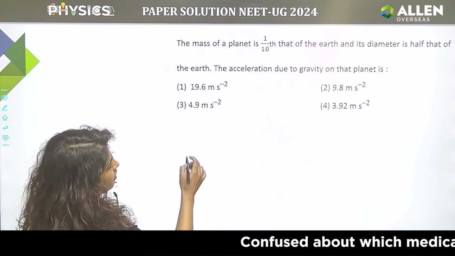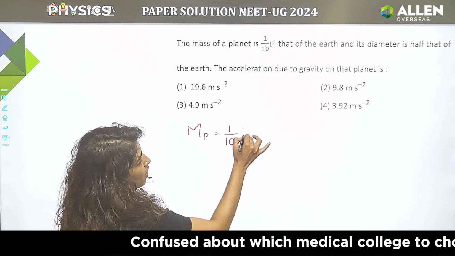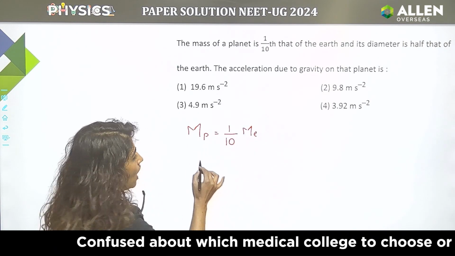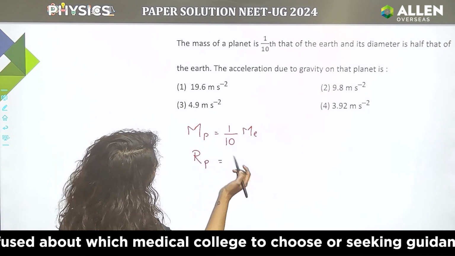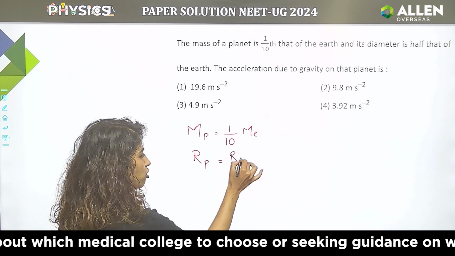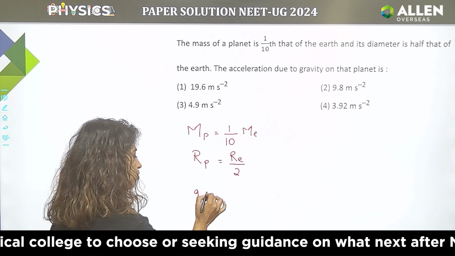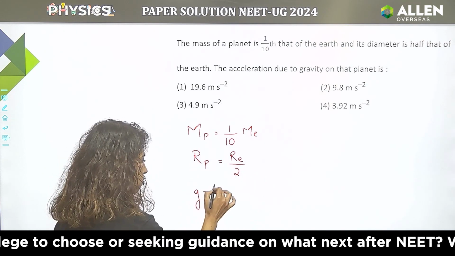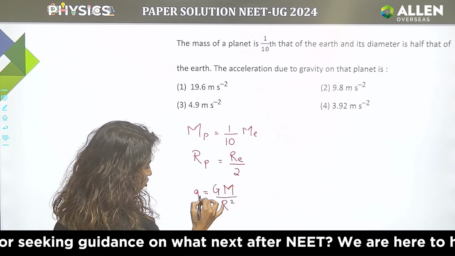Mass of a planet is given as 1/10 of the mass of Earth. And diameter, so I can also say radius of the planet is half of the radius of Earth. So radius of Earth by 2. Acceleration due to gravity of that planet would be GM upon r square. So this is for the planet.